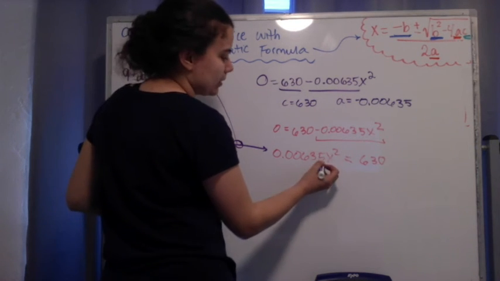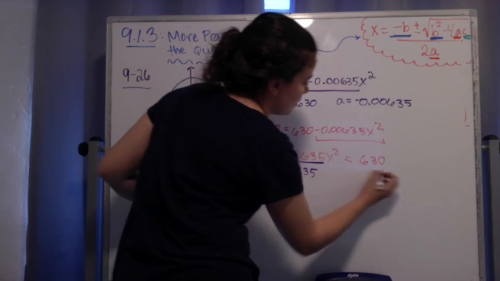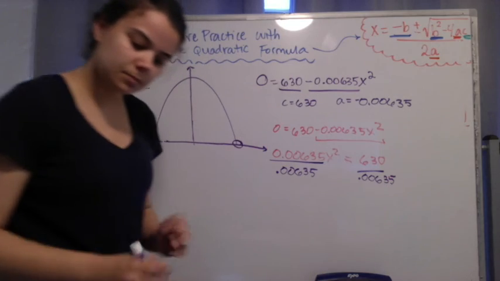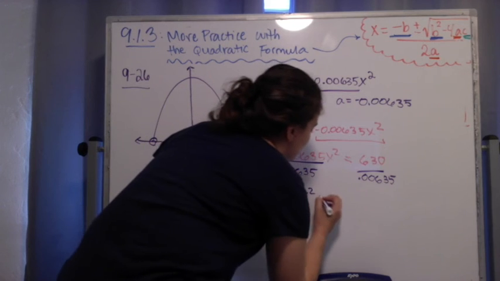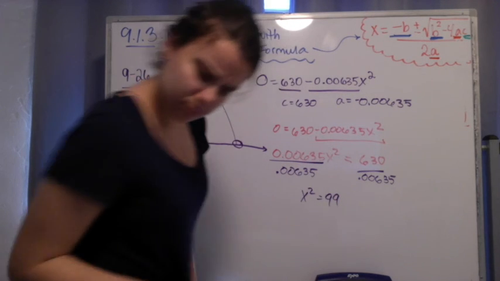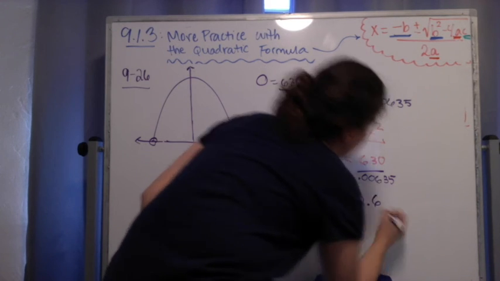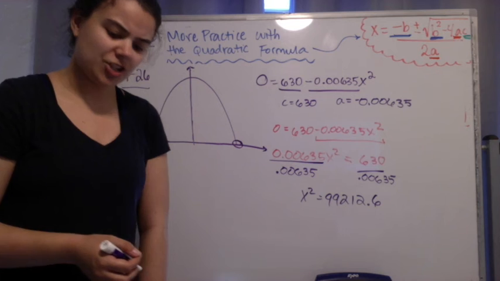You want to get the x squared by itself, so we're going to divide by 0.00635. We will get x squared equals 99,212.6-ish. And then, actually that might have been exact.